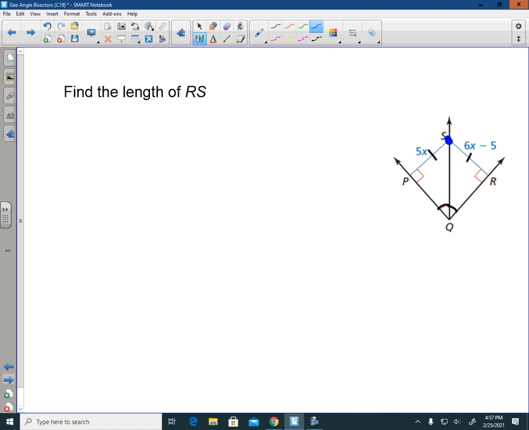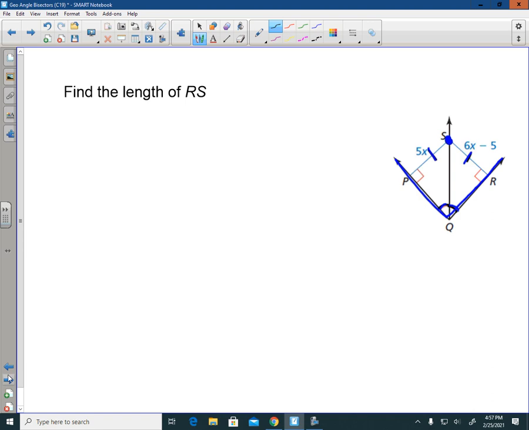So now that we've talked our way through that theorem and used it to mark our figure, we can see that in order to find the length of RS, we're going to need to know x. And in order to know x, we need an equation. But the theorem tells us that the distance between P and S is exactly the same as the distance between R and S.